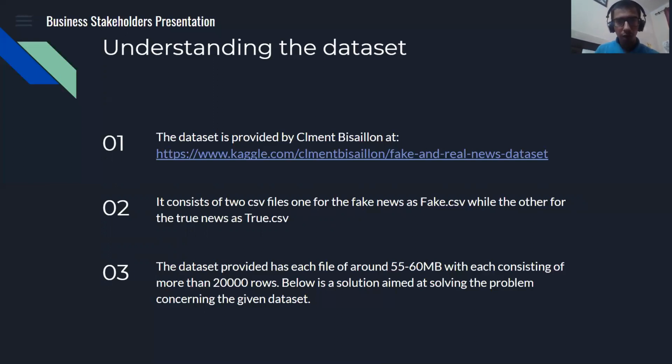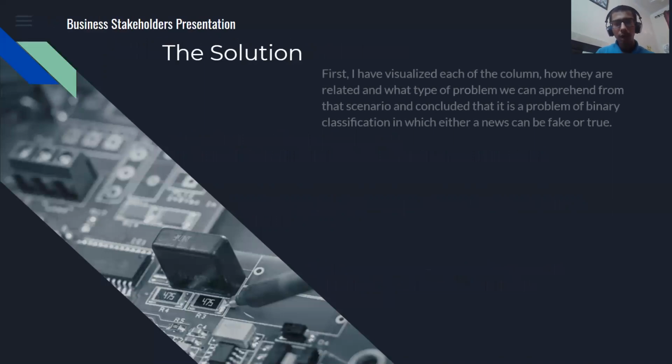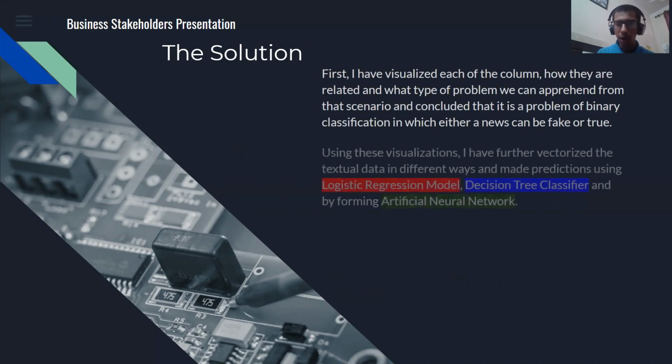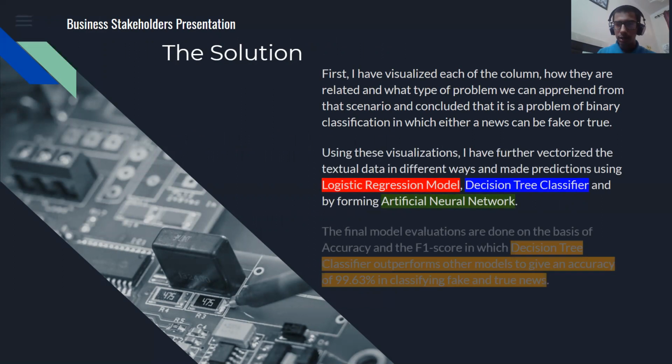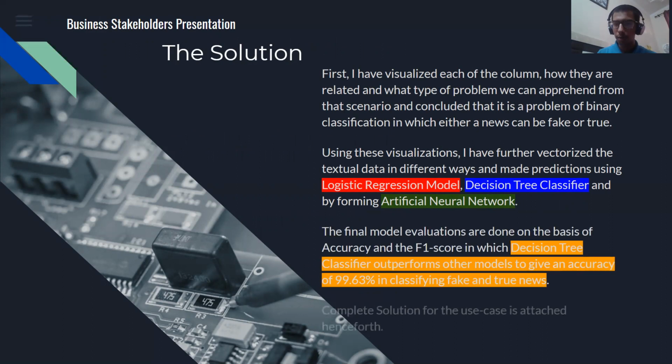Moving forward to my solution, first I have visualized each and every column, how they work and how they are related to each other. Especially when you're working on a binary classification problem, either it is to be or not to be, as in this case, it becomes very important how each column is related to your output predictions.